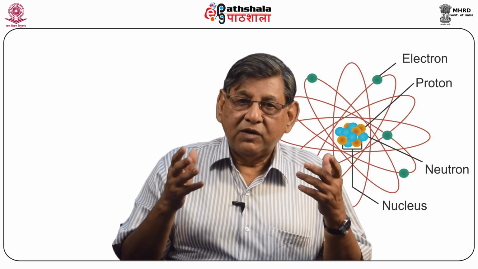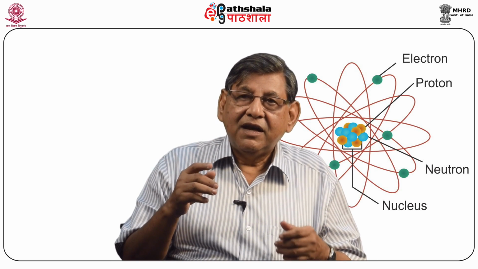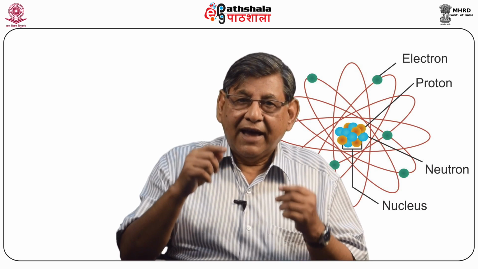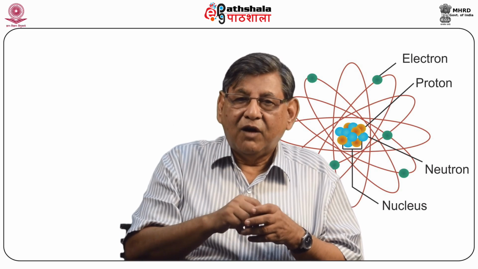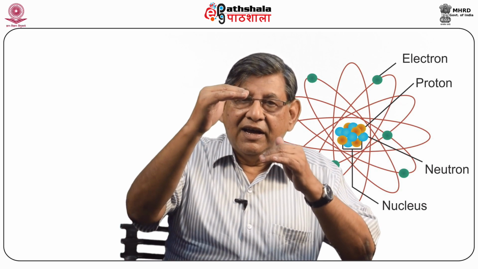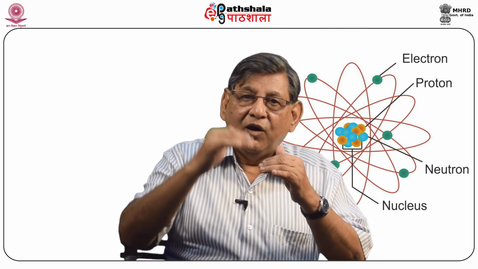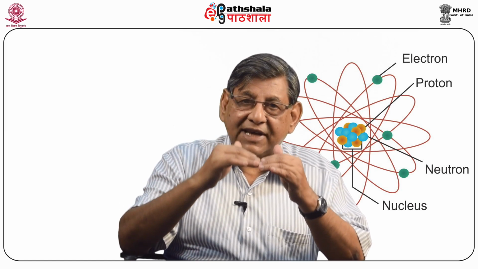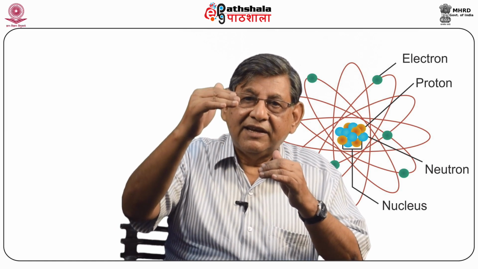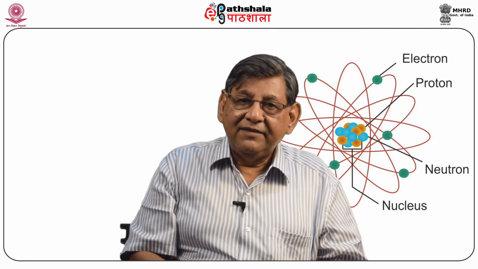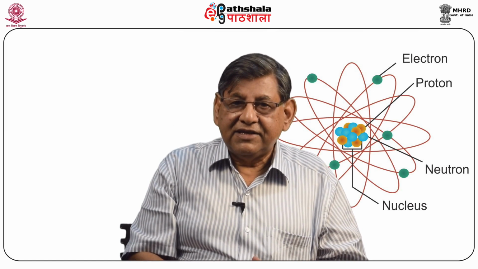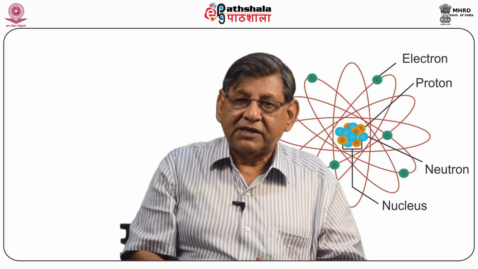For the emission spectrum, the Balmer series is the jumping of an electron from the third shell to the second shell, or fourth shell to the second shell, or fifth shell to the second shell of the atom.